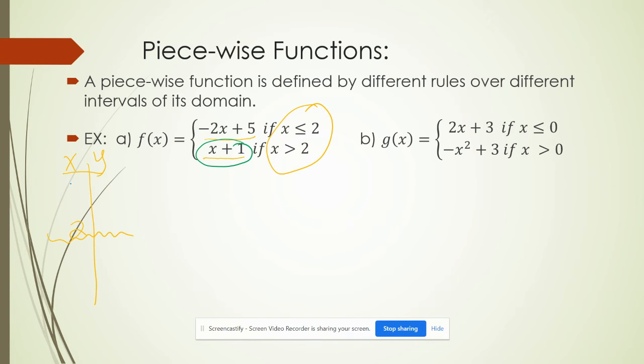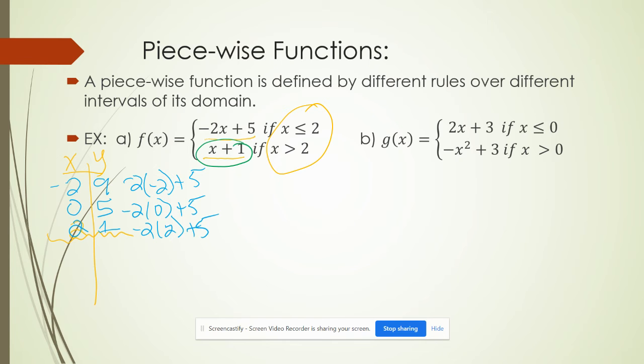So let's pick -2 and 0 along with our 2. -2 times -2 plus 5 is 9. -2 times 0 plus 5 is 5. And -2 times 2 plus 5 is 1.